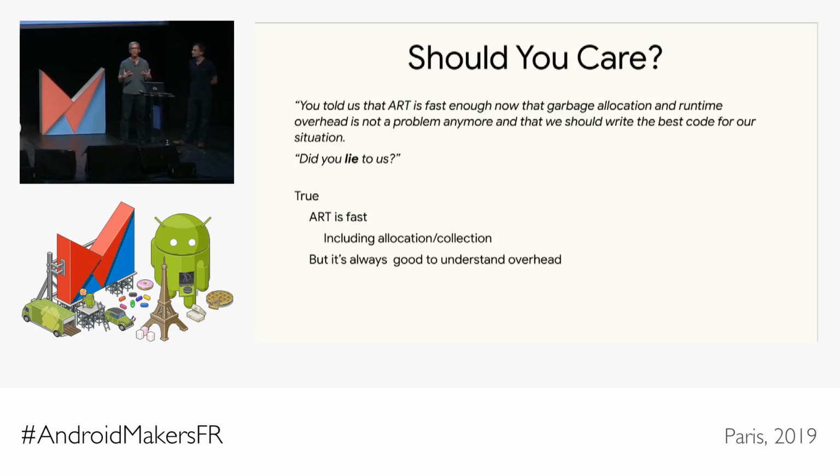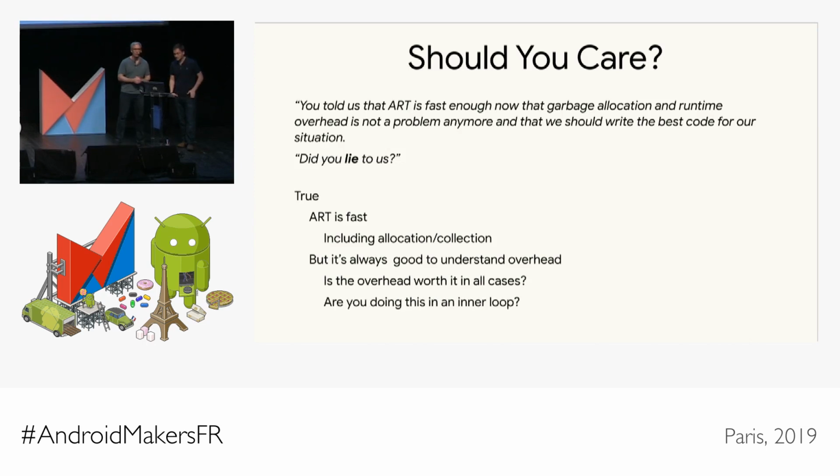I find it really interesting to actually understand what is going on in the system. In particular, it's good to understand overhead, and whether this is an overhead that you can consume at any given point in your code. If you're in an inner loop where performance really matters, then at some point you may really care about things like cache misses or allocation of temporary objects, which are contributing, however small, to the overall runtime performance characteristics of your application.